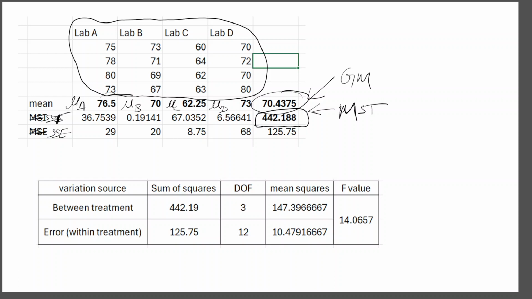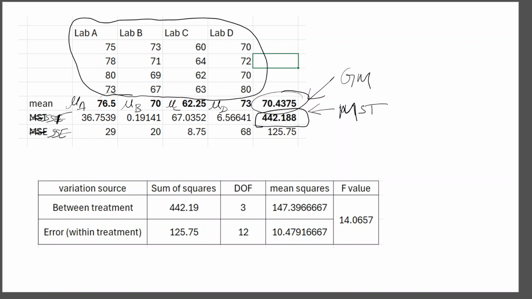Then 70 minus 70.43 gives 0.19. Since it is the square of the difference, it will only be a positive value. Then similarly 67, where the difference is close to 8, then 6.5. I summed up all these and multiplied by 4. So 110 something came, and 110 into 4, 442, we got.